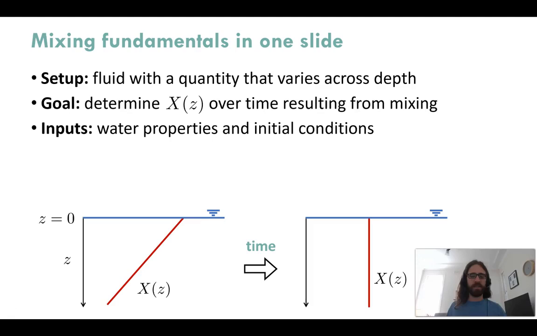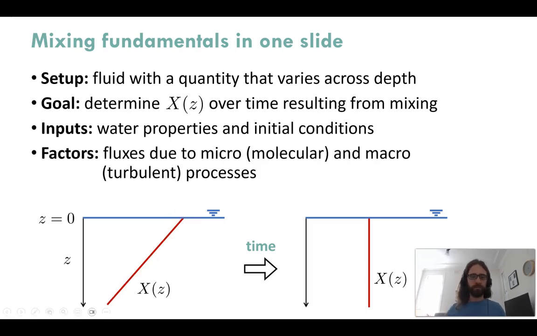The inputs that go into our calculations are going to be the properties of the water or the fluid and the initial conditions. So essentially at the start, what is the difference in quantity across all of the depths? And then the factors that are going to determine the exact nature by which this mixing occurs is how do we define these fluxes from the previous slide. These fluxes can be due to a number of different mechanisms.